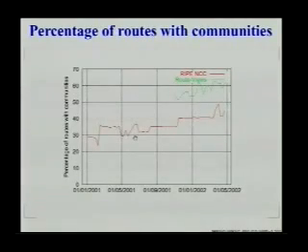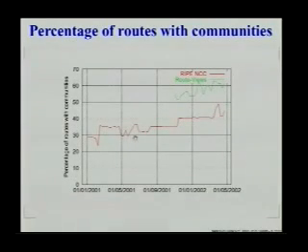So the first observation is given in this graph. On the x-axis you have the period of observation, and on the y-axis you have the percentage of routes that have at least one community attached. First observation, the number of communities in routing tables is increasing.